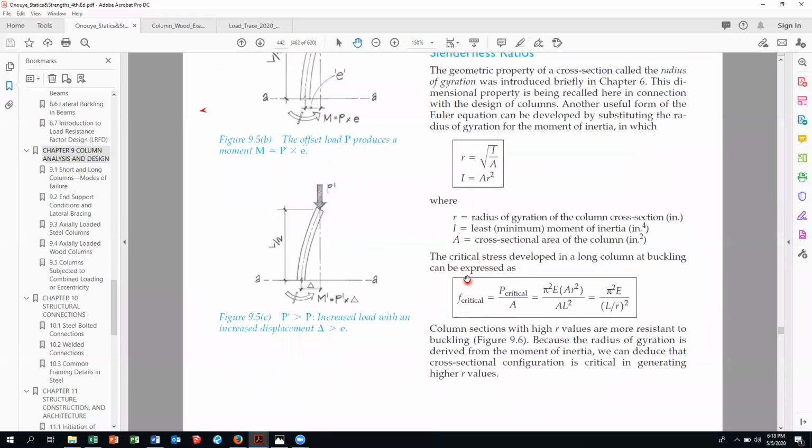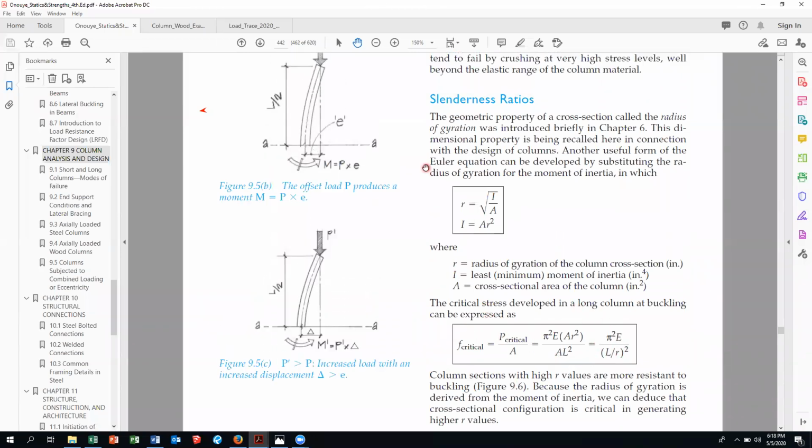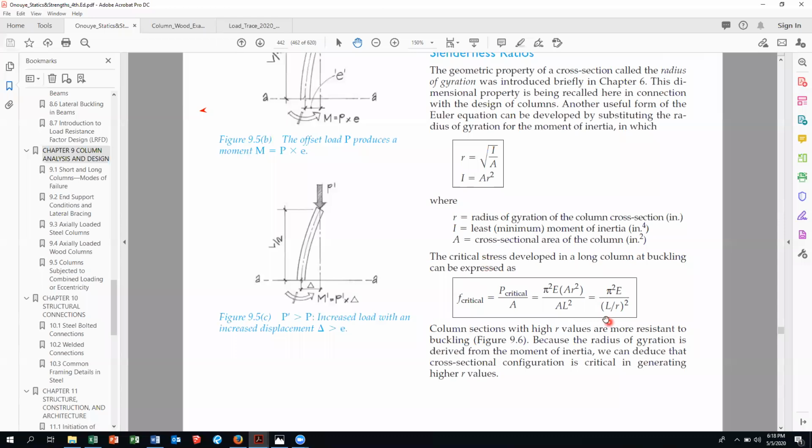And so here's another critical stress developed in a long column at buckling. Here's another formula. This L over R is the slenderness ratio. Of course, they're going to square it, but still the L over R is the slenderness ratio. And you're going to see this a lot in structural theory.